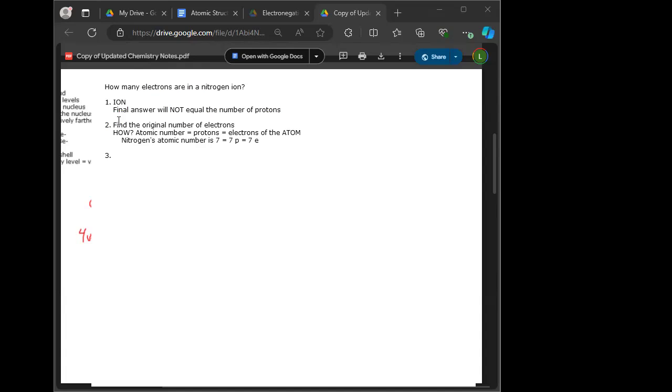The next thing we need to do is find the number of valence electrons. And how can we do that? We can do that through the group number on the periodic table.